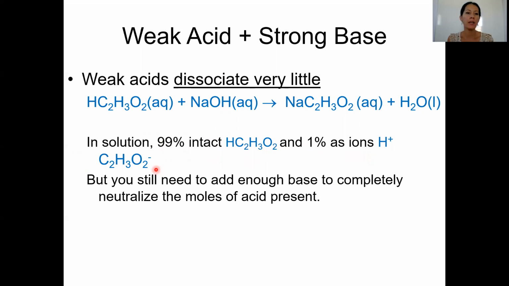That's the reason why we can use acetic acid in vinegar. That's what is in your salad dressing, vinegar, which is dilute acetic acid. Just to let you know, even though a little bit produces H+, if you ever wanted to completely neutralize the acid, you still look at how much acid you have, and you would need the same moles of base.